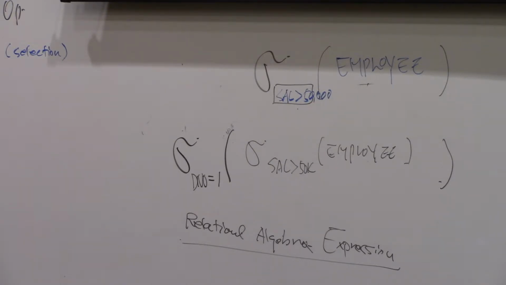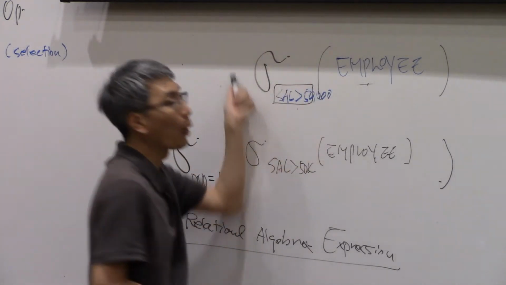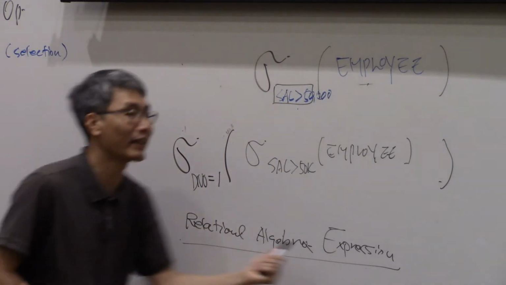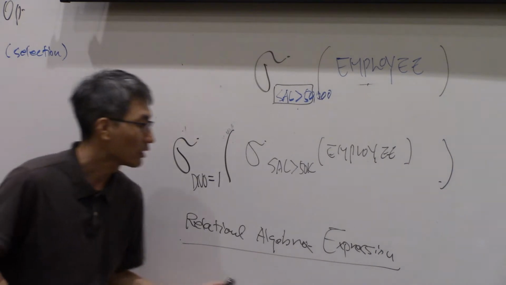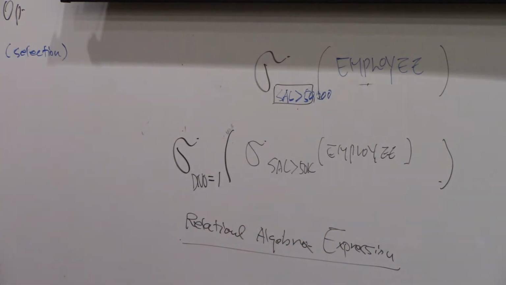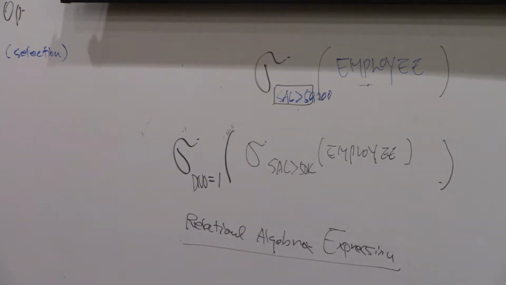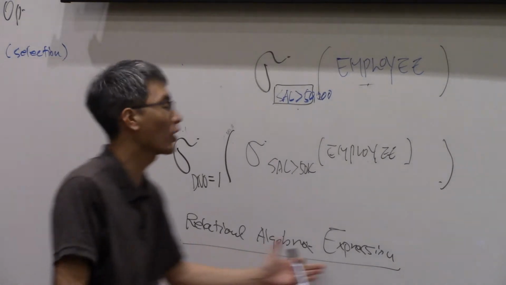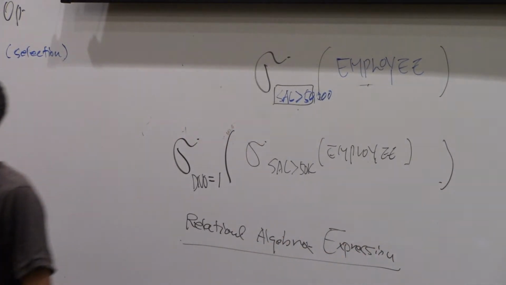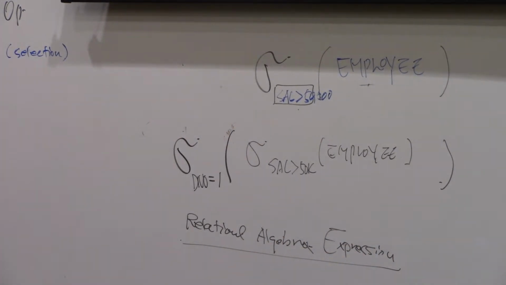Similarly, by combining a number of operations, it will be a relational expression. Later, this expression will be converted to the high-level language, that is the SQL language, structured query language. It is 90% the same, which means if you understand the relational algebra expression, then it's very straightforward to understand SQL later.